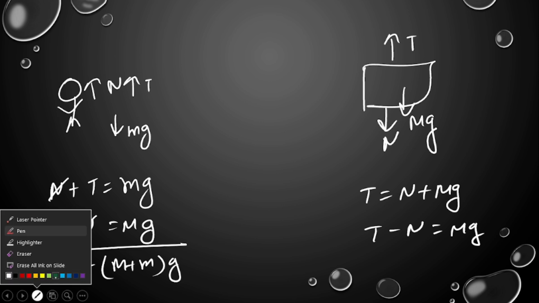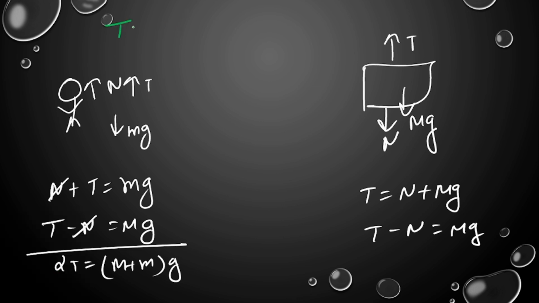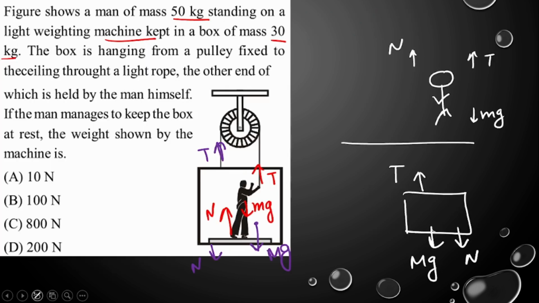So the tension T equals (capital M plus small m) into g by 2, that is (30 plus 50 kg) into 10 by 2. So this is 80 into 10, 800 by 2, answer is 400. So tension must be 400 Newton, then only the system will remain in equilibrium.